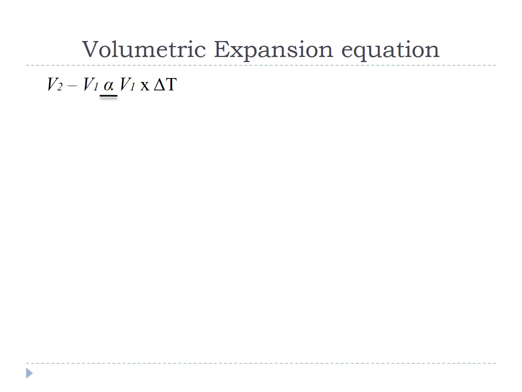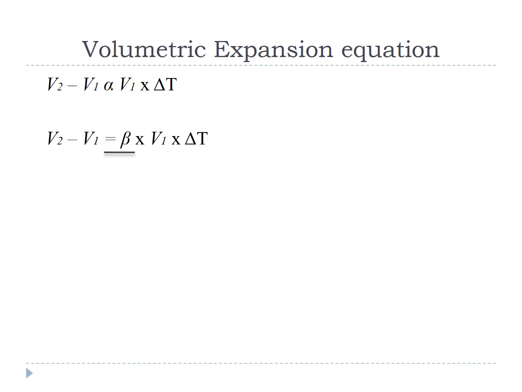So that's why I've written V2 minus V1 is directly proportional to V1 into delta T. Now I want to bring this into equation form, so I put an is equal to sign along with a constant. V2 minus V1 is equal to beta into V1 into delta T. Here beta is the coefficient of volumetric expansion, or the volumetric expansion coefficient.